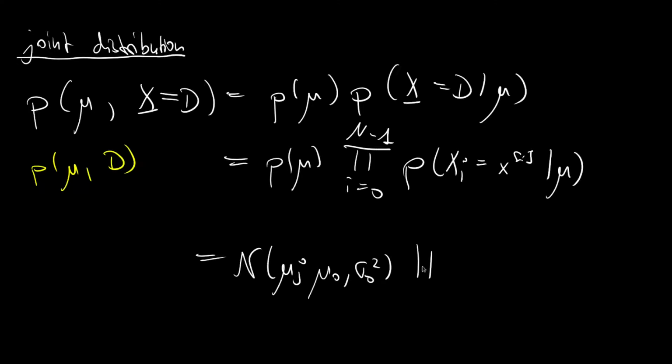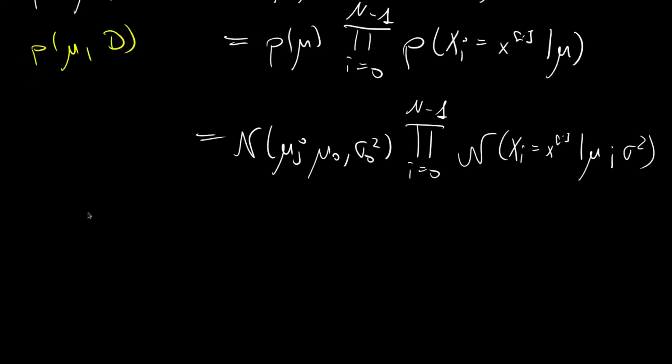And then we multiply this with the product from i=0 to capital N-1 over the normal over capital Xi, being the observation Xi under the latent mu and given the deterministic and fixed parameter of the standard deviation sigma squared.